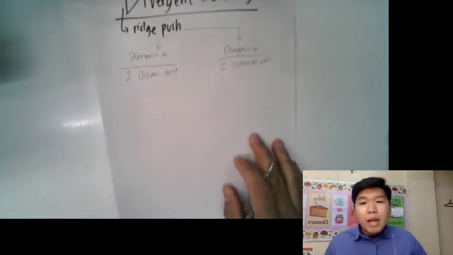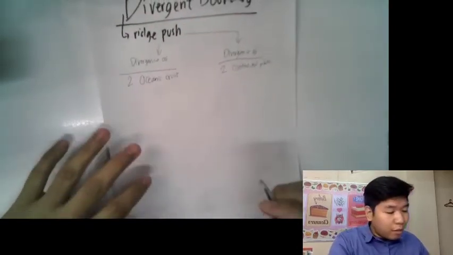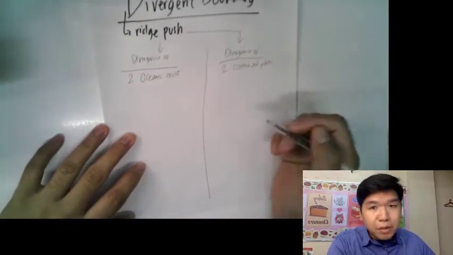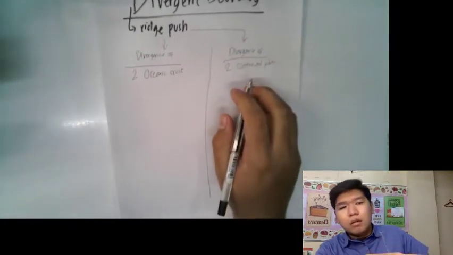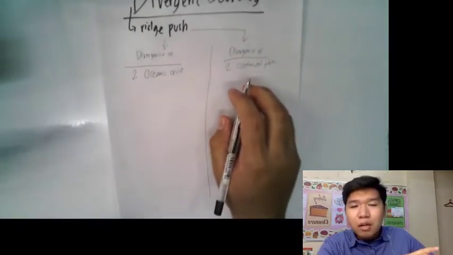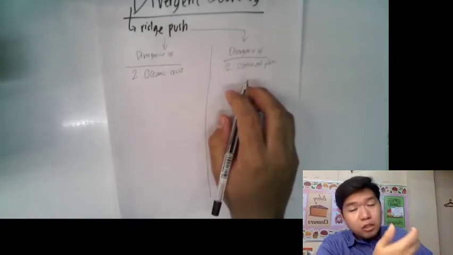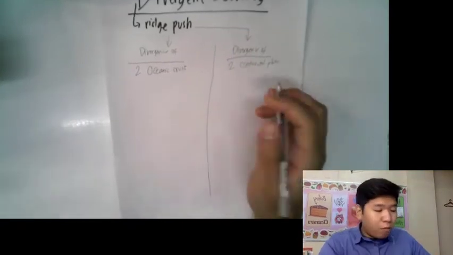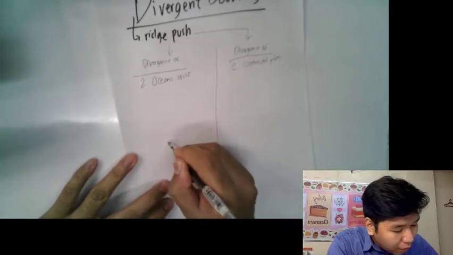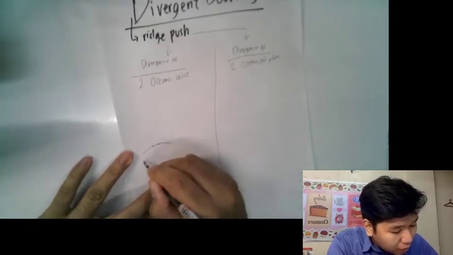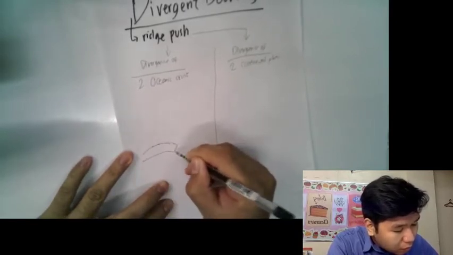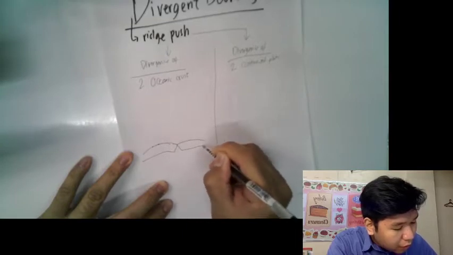What usually happens in this type of plate boundary is that two oceanic crusts, in the middle of the ocean, are influenced by ridge push, pushing them away from each other. So let's create a boundary here, between two oceanic crusts.